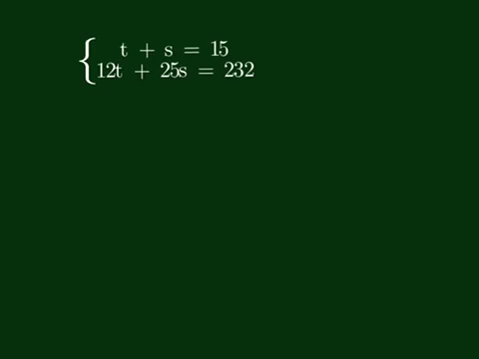So here are our 2 equations from the other page. If you'll notice, my first equation has 2 variables with a coefficient of 1. So I'm going to use substitution this time. It doesn't actually matter what I solve for, so I'm just going to go ahead and solve this one for t by moving the s over.